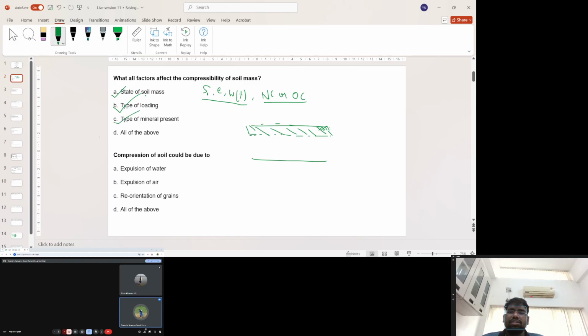State of soil mass, which includes saturation, void ratio, water content, and type of loading, which determines NC or OC behavior, and type of minerals, which essentially governs the stiffness parameter as well as the amount of pore pressure that is going to be generated. So hence, all the three parameters govern the compressibility of the soil mass. So hence, option 4 is the right option.